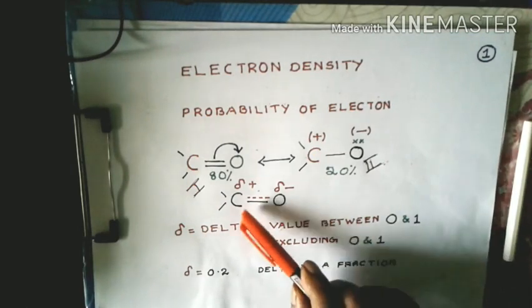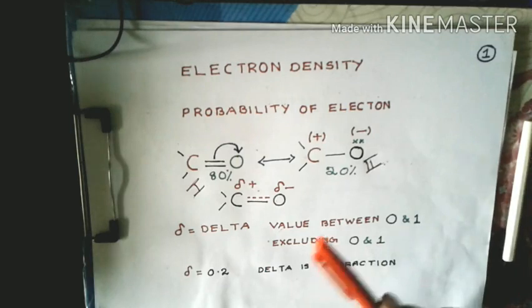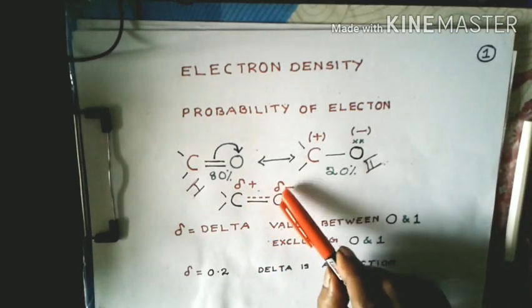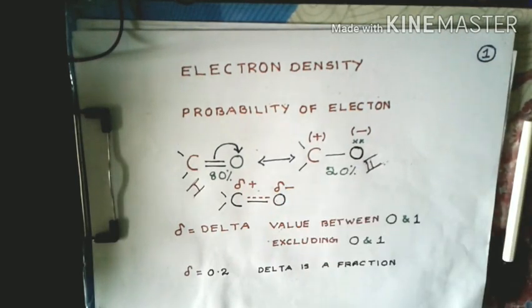Now the resonance hybrid will have this structure, where carbon possesses a delta positive charge and oxygen possesses a delta negative charge. Now suppose the contribution of canonical structure 1 is 80% and the contribution of structure 2 is 20%, then the charge carried by carbon will be equal to 80 into 0 by 100, because in structure 1 the charge of carbon is 0.